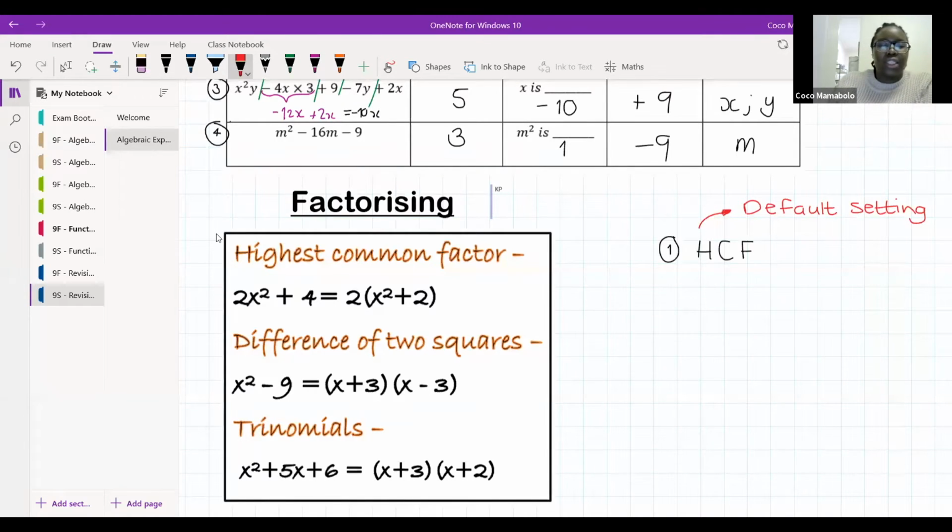All right, just give me a yes or no in the chat. Do you guys know what default setting is? I figured some of you guys might not know. All right, so let's talk about it. Have you guys ever bought a brand new phone?